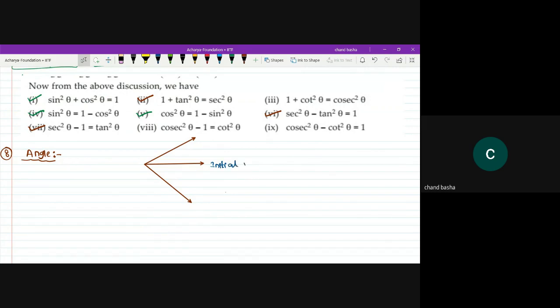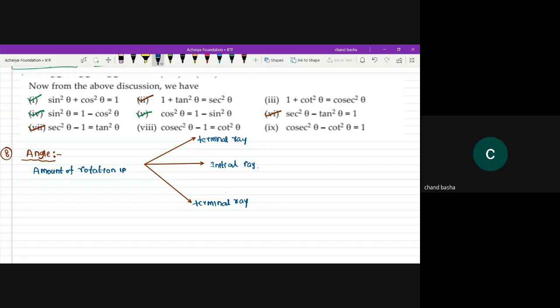Initial ray. It is the terminal ray. It is the amount of rotation in anti-clockwise direction. Amount of rotation in anti-clockwise direction.